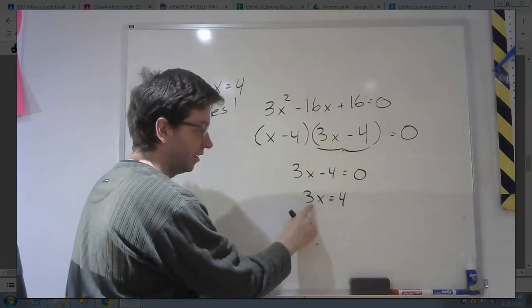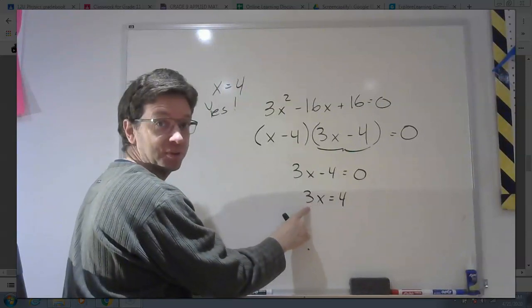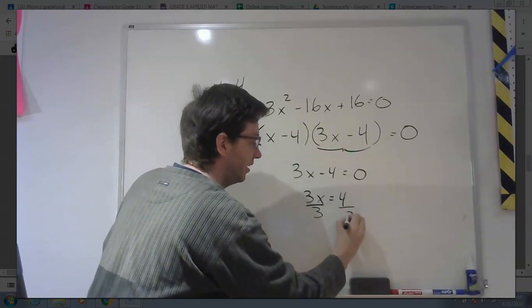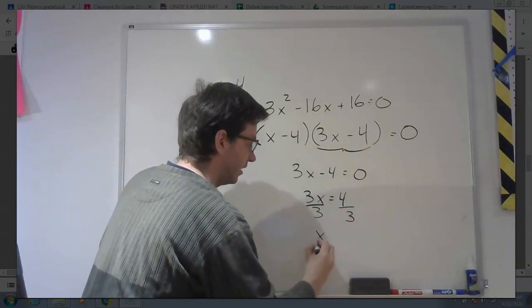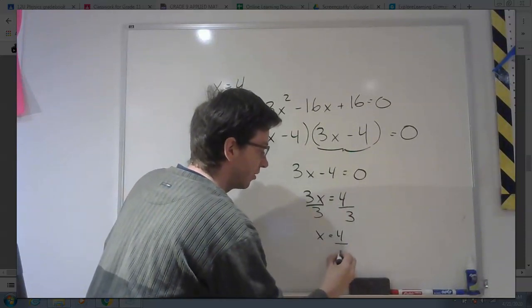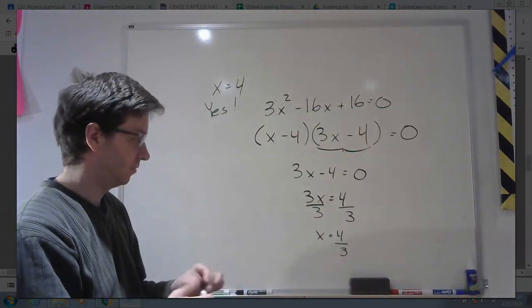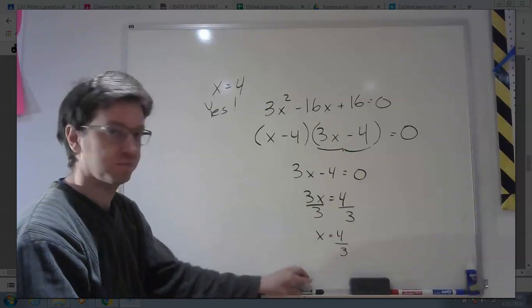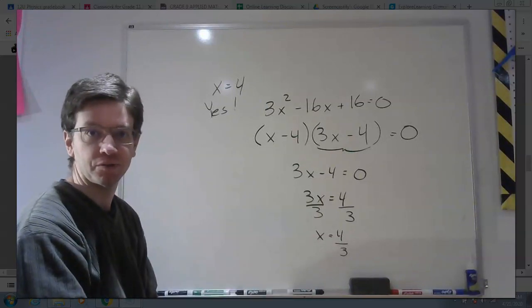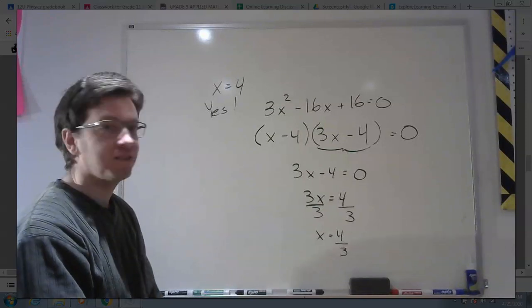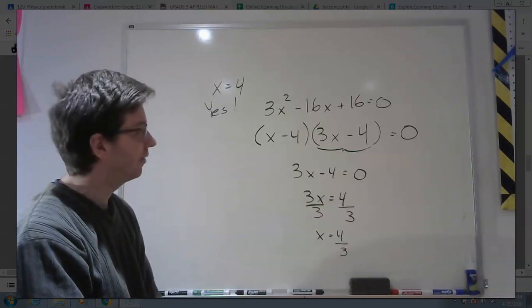And then x is being multiplied by 3, so the opposite operation is division. So divide both sides by 3. And so x equals 4/3, or simply 1.3333. And you could do that using the quadratic equation as well.